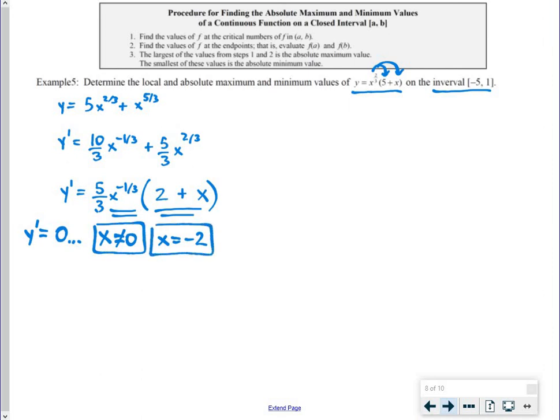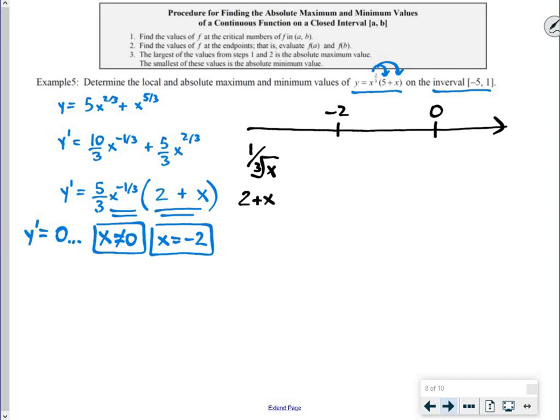So we're looking to investigate what's happening to the derivative around those boundaries. So at -2 and 0. Okay. One of the factors, right, we have 1/cube root x, and the other one is 2 plus x.